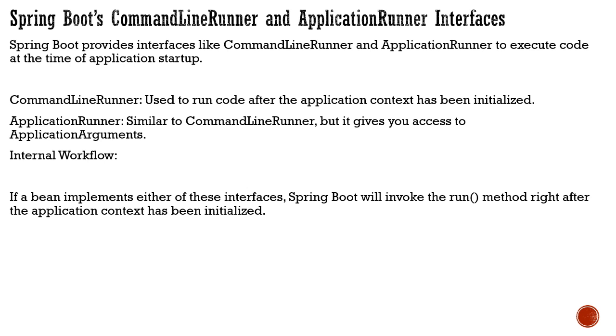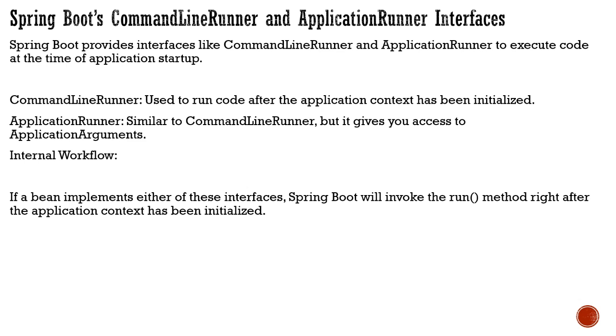Now, there are two things: CommandLineRunner and ApplicationRunner. These are interfaces provided with Spring Boot, which execute your code at application startup only. If you want certain things to be initiated or loaded at the start of your application, you can implement these two interfaces and do your work.